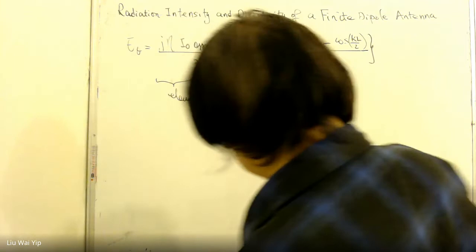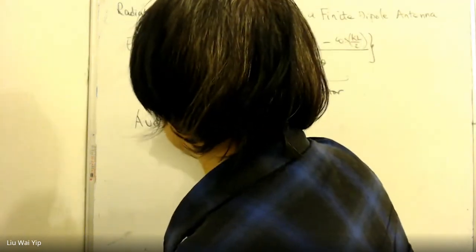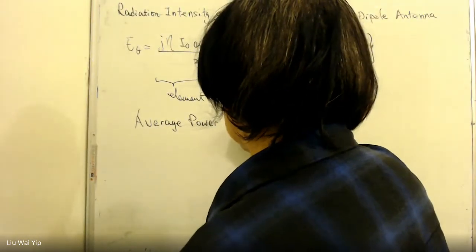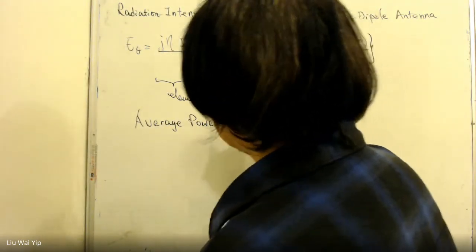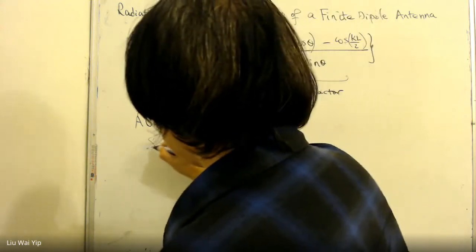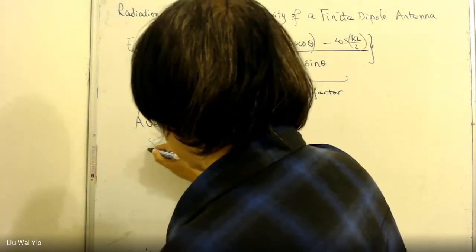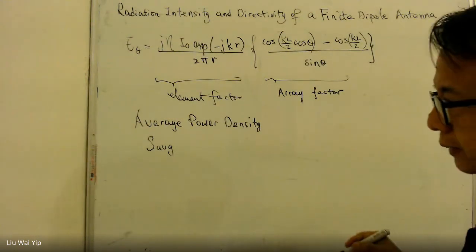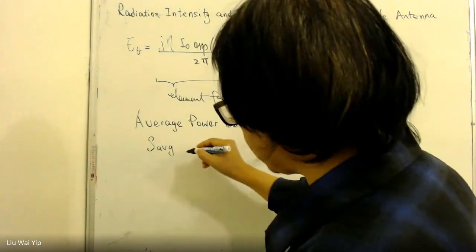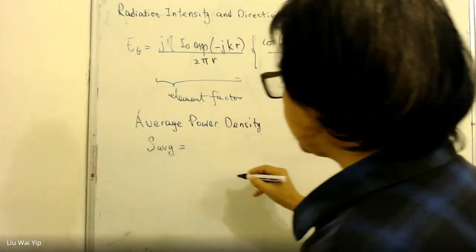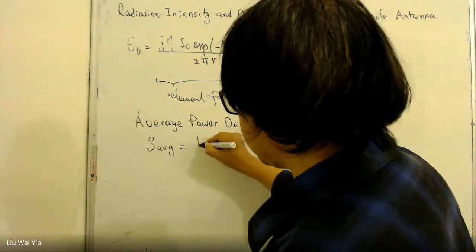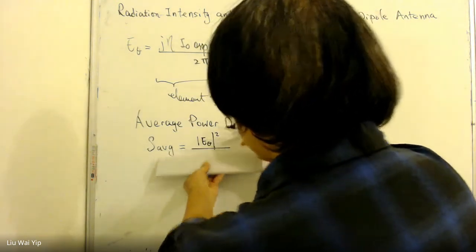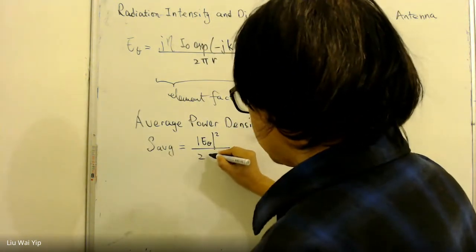Alpha is power density. It is given by S, which stands for the Poynting vector. The alpha is the Poynting vector. It is given by the magnitude of E theta squared divided by 2 eta.